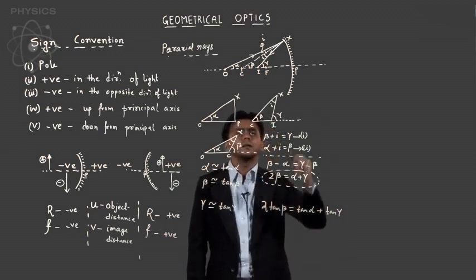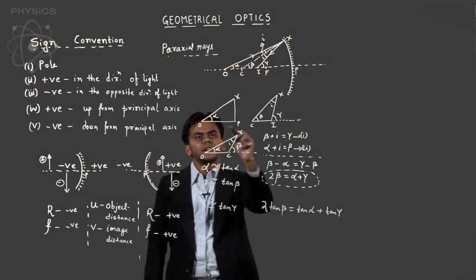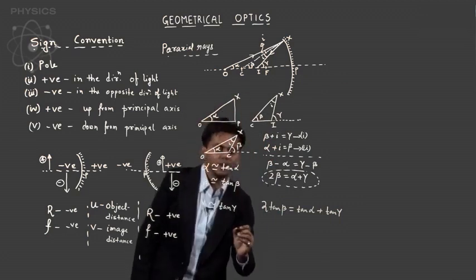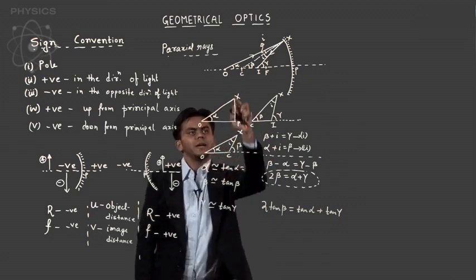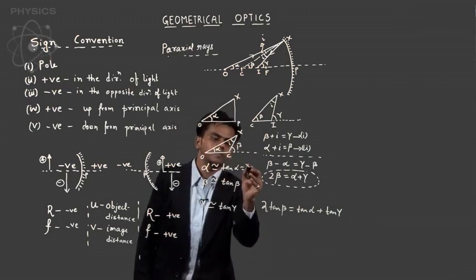I also know that in this triangle tan alpha is equal to XP by PO.